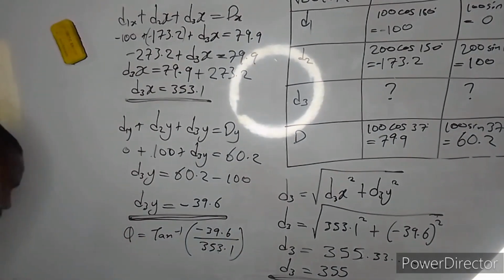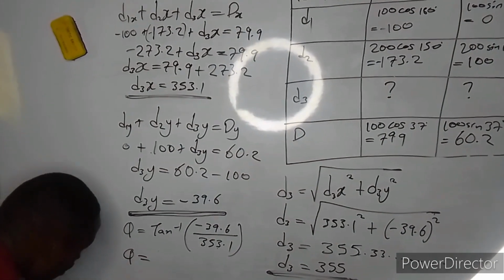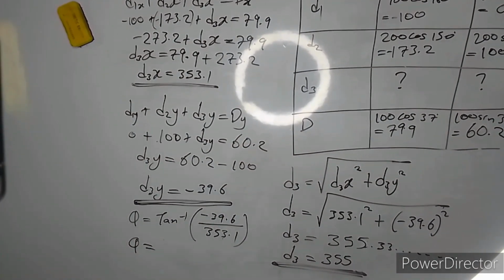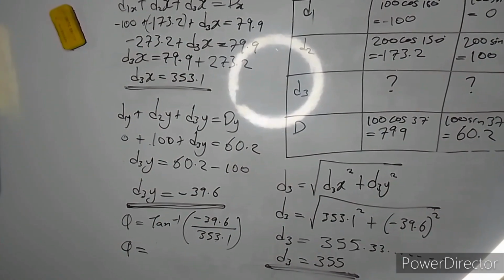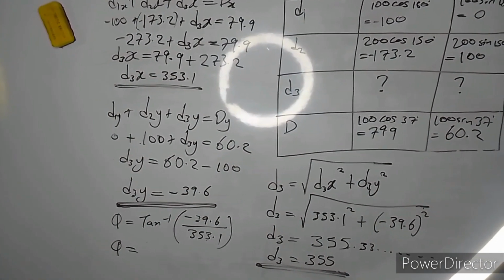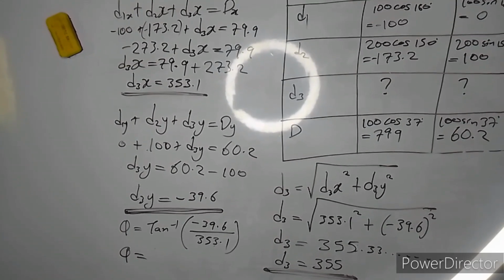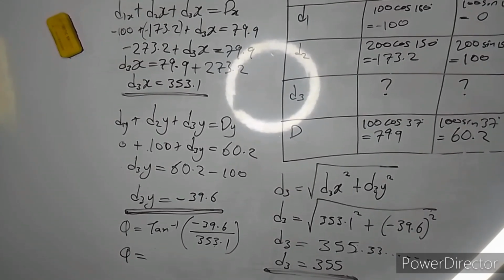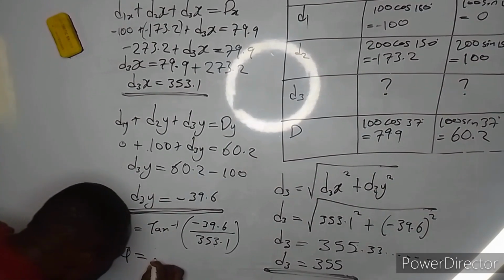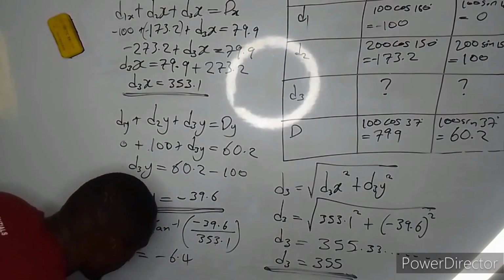Then we close there. Next, theta will be equal to, what are we getting? Let's do the calculation. It is giving me negative 6.4.